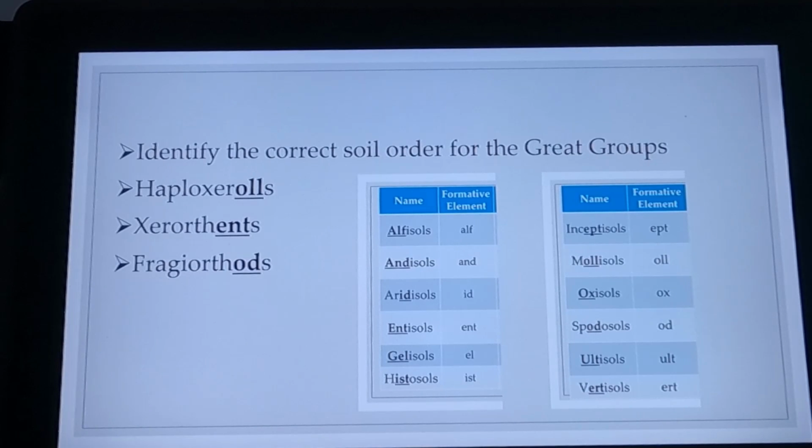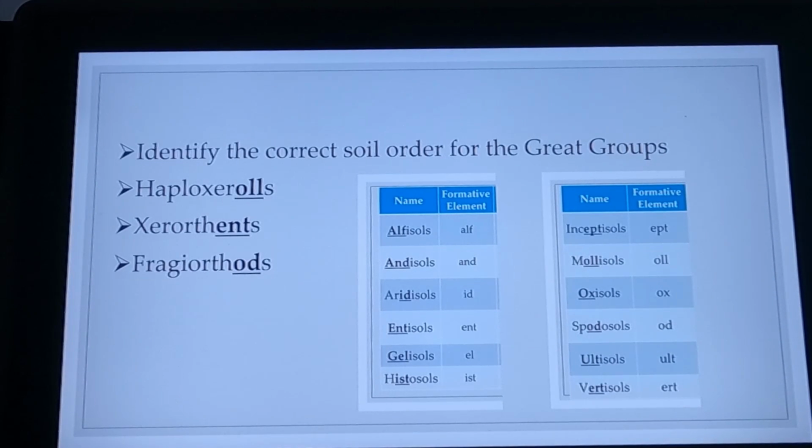So, identifying the correct soil order from the following group. This formative element gives me an indication of what that soil order is, just from looking at the name. I can look at it and go, that's a mollisol, or that is a spodosol, or it's an entisol, or it's an alfisol or an oxisol.